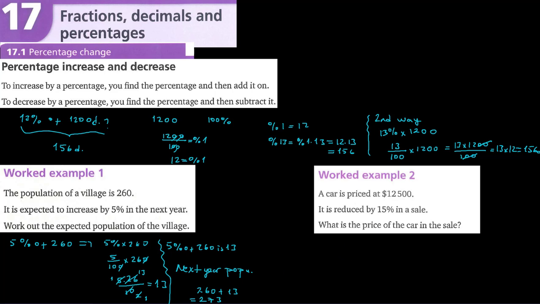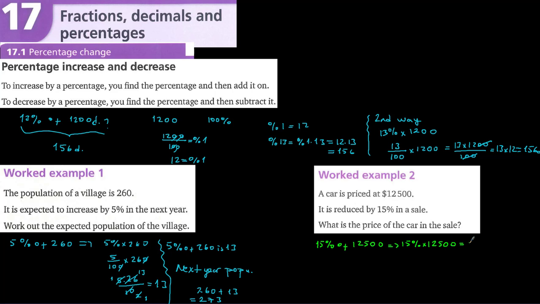If I want to find this, I should do it like this. First I need to find 15% of $12,500, which is equal to 15% times 12,500.